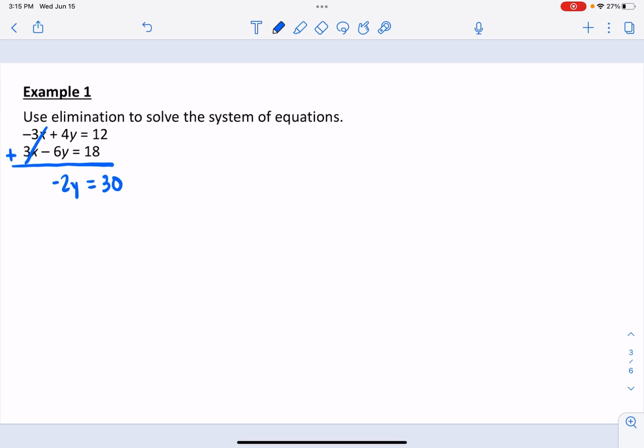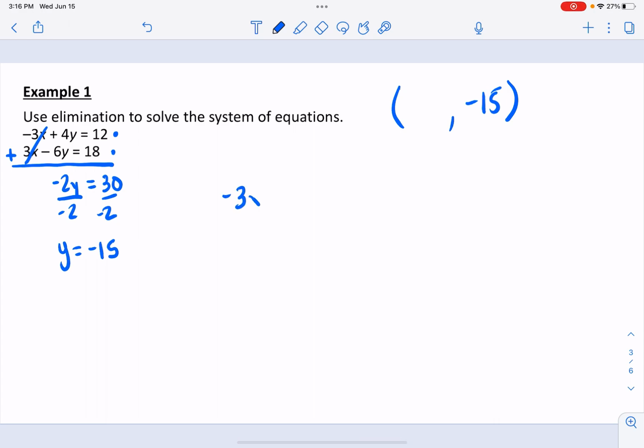Now I have this equation that I solve. Again, remember, your answer is going to be an ordered pair. So now how do I get my x out? You pick one of the two equations and plug negative 15 in for y. I'm going to pick the top one.